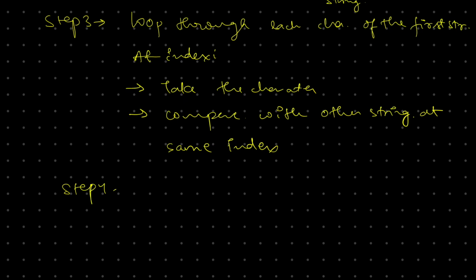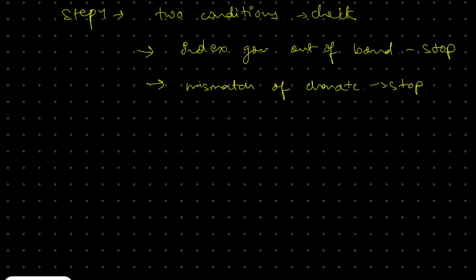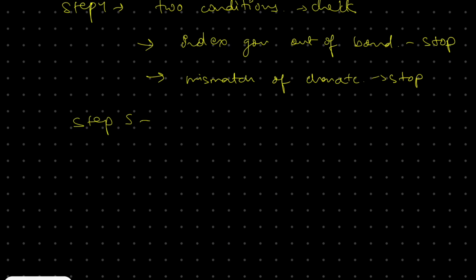Then in step 4, we check 2 conditions. First, if the index goes out of bounds, then we stop. And the second condition is a mismatch of characters, then again we stop. And then in step 5, we return the prefix. That is our answer.